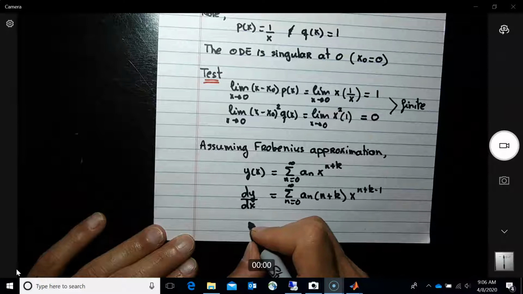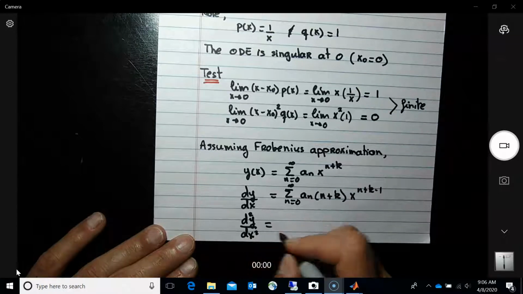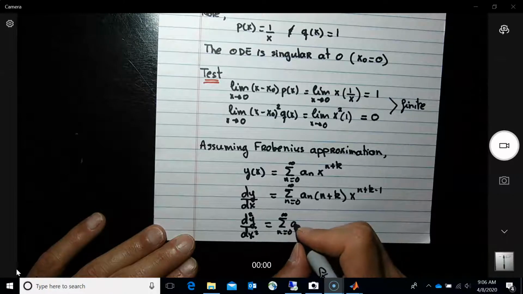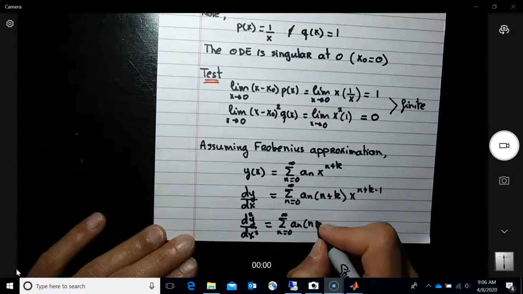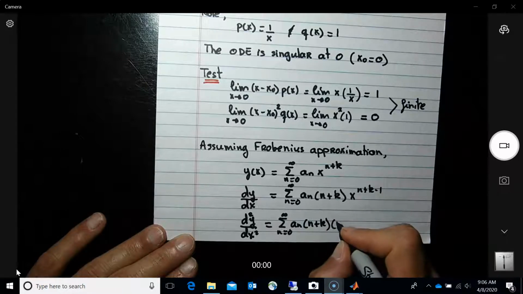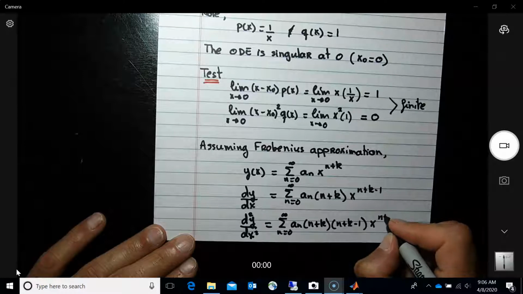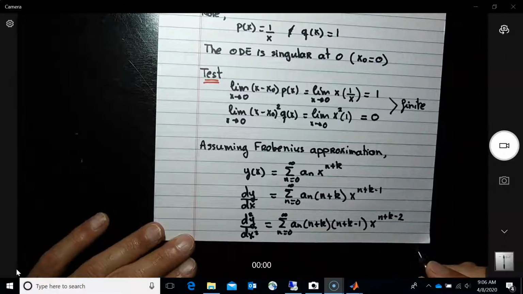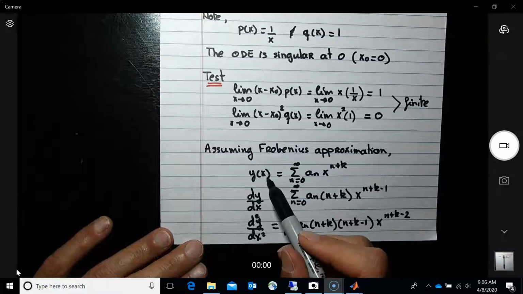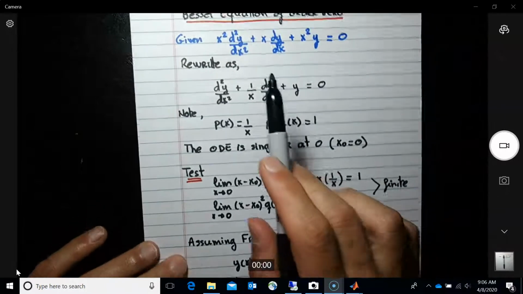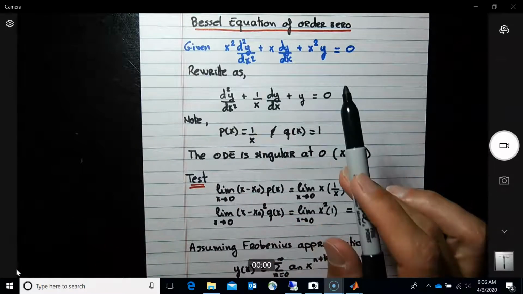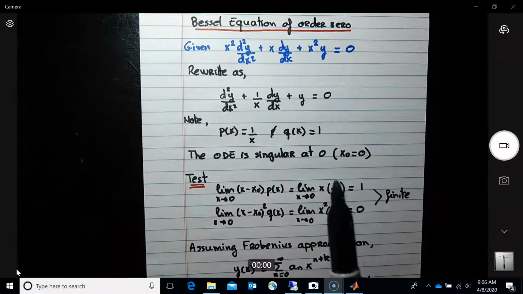And the second derivative would be the summation from n equal to 0 to infinity of coefficient a sub n times n plus k times n plus k minus 1 times x to the n plus k minus 2. Okay, and now we're going to substitute this into this equation over here.